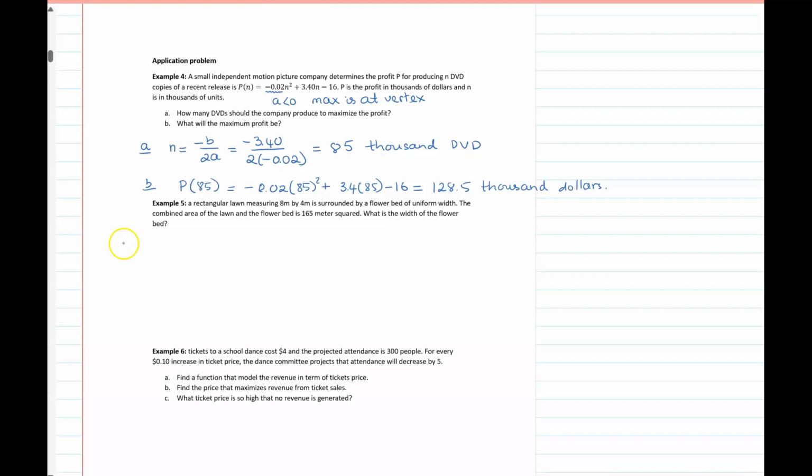So let's try this. Let's say you have a lawn, and this is 8 by 4. And then it's framed by a flower bed of uniform width. We don't know what that width is, so we let that be x.